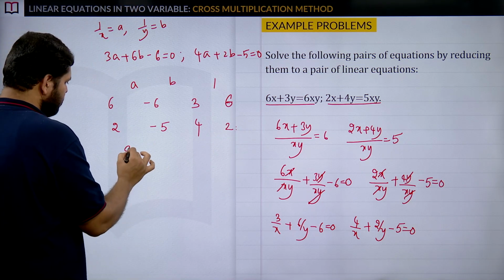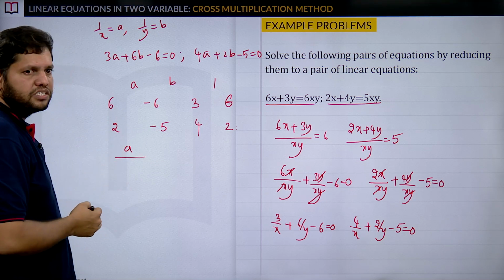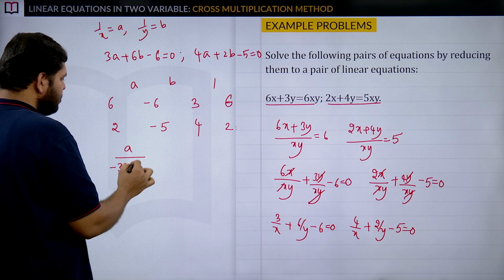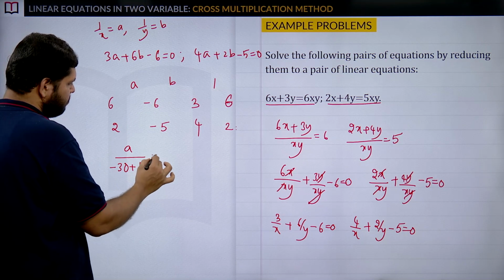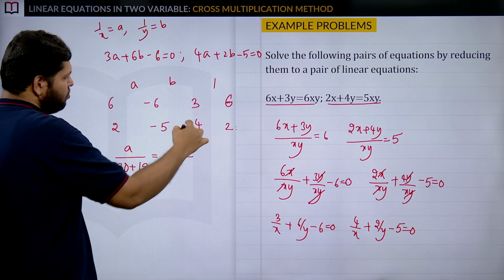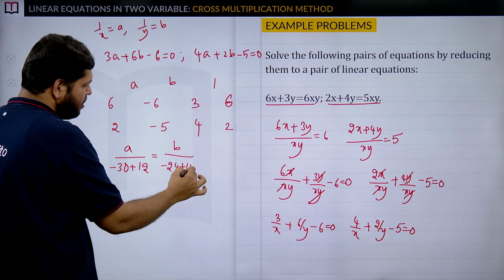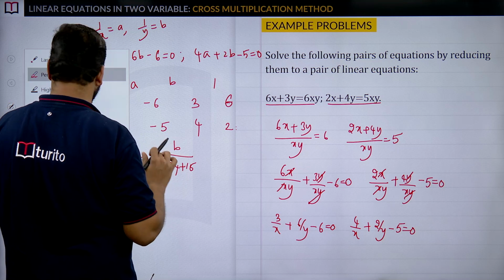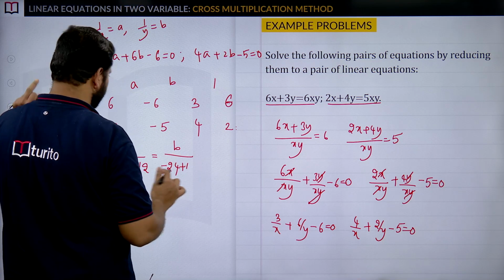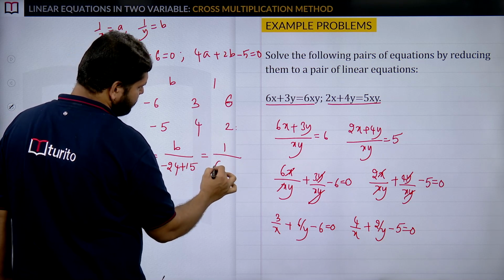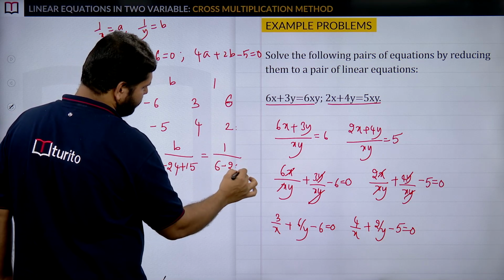So, for a, 6 into minus 5 is minus 30, plus 12. For b, minus 24, plus 15. And for 1, 3 twos are 6, and 6 fours are 24.